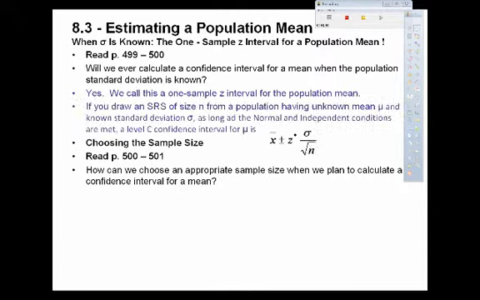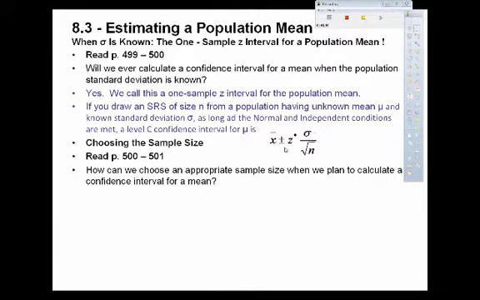If you draw a simple random sample of size n from the population having unknown mean, remember that we don't know the mean, but a known standard deviation, as long as the normal and independent conditions are met, a level C confidence interval for mu is x bar plus or minus z star times sigma over the square root of n.